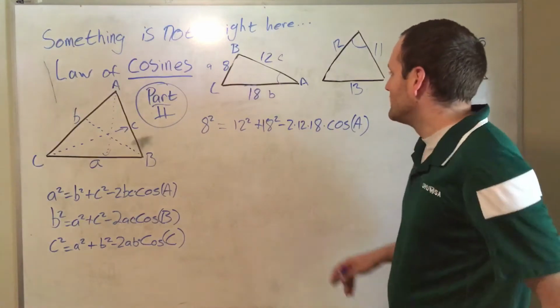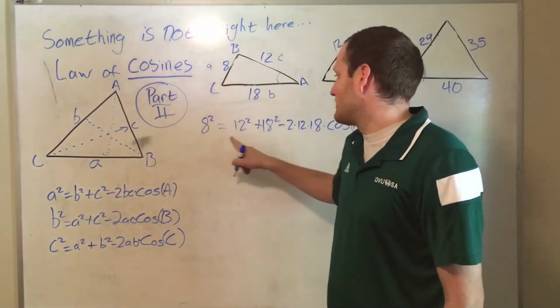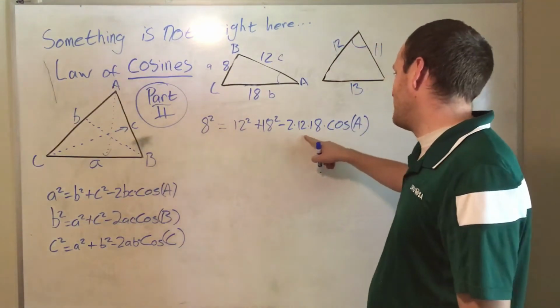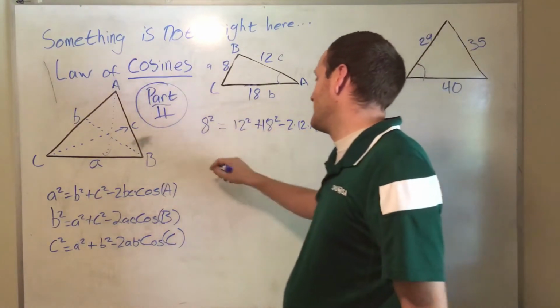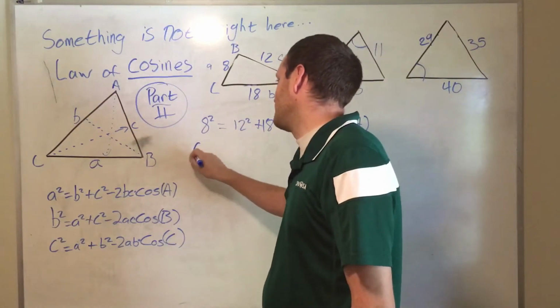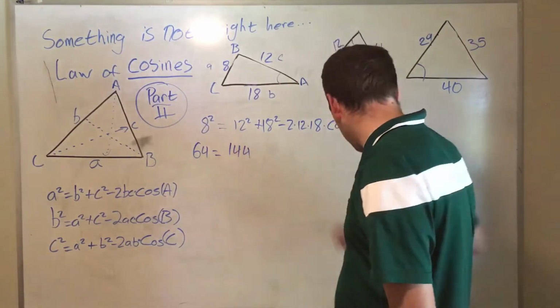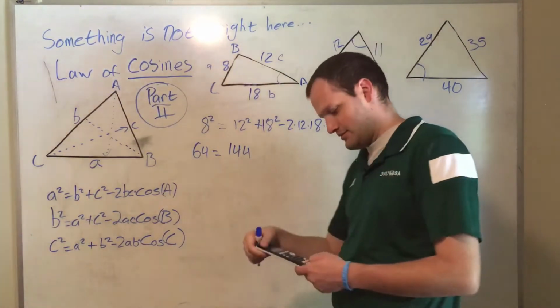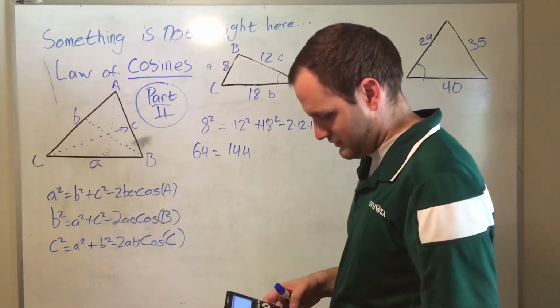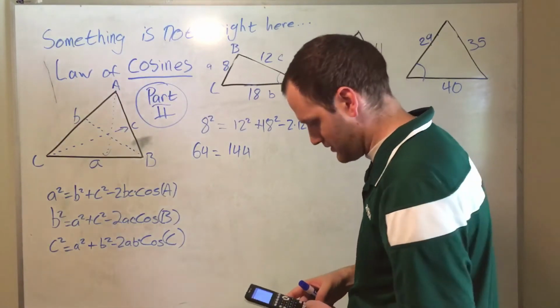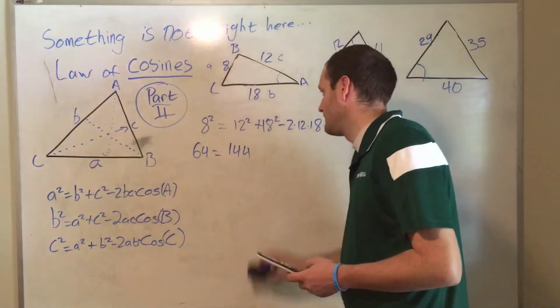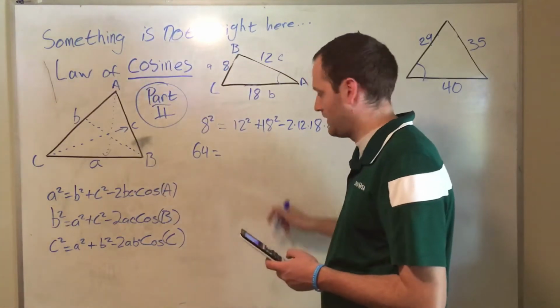Okay. So, I first have to figure out 8 squared, 12 squared, and 18 squared. 8 squared is 64. That one's easy. And we have 144, and whatever 18 squared is, plus 144. Just gonna combine those together right now.